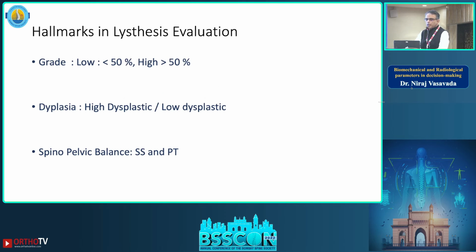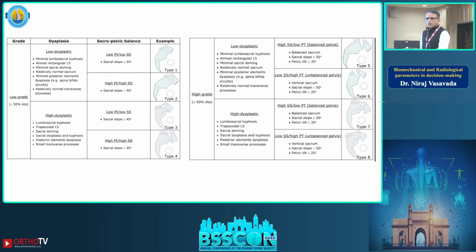So what are these high grade and low grade? Low grade is less than 50% slip, and high grade is more than 50% slip. Further, you can divide into high dysplastic and low dysplastic, and spinopelvic balanced or imbalanced based on your sacral slope and pelvic tilt. Now we come back to the SDSG classification. They divided into low grade and high grade, then based on dysplasia, into low dysplastic and high dysplastic.